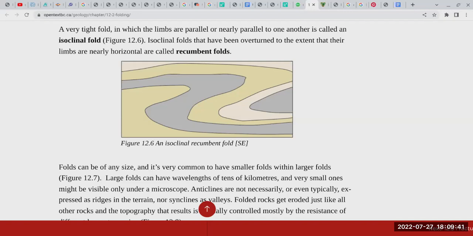And they said, no, man, it's overturned. And then at that point in time, we have to remove our device from our waist to measure the dip and the strike, just to see exactly what is happening. And from that reading, we can definitively say, this is this or this is that.